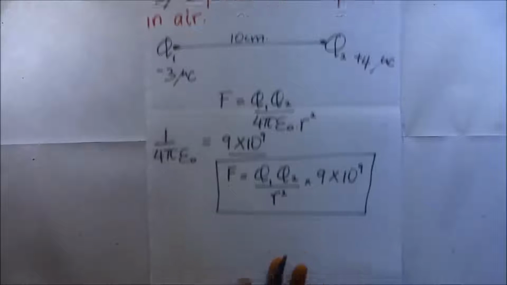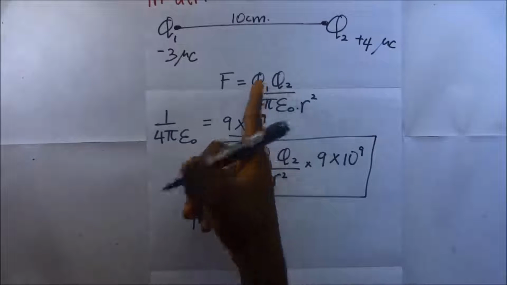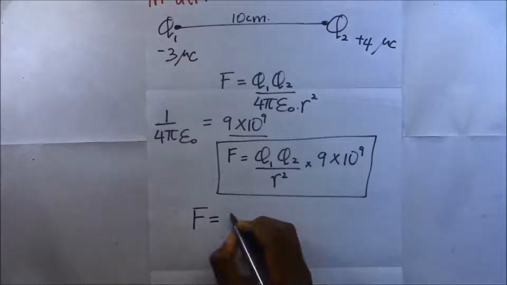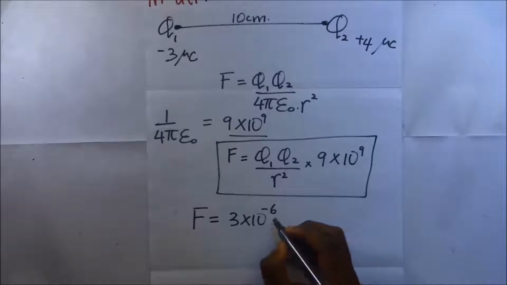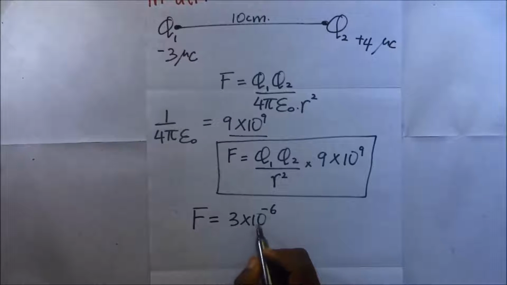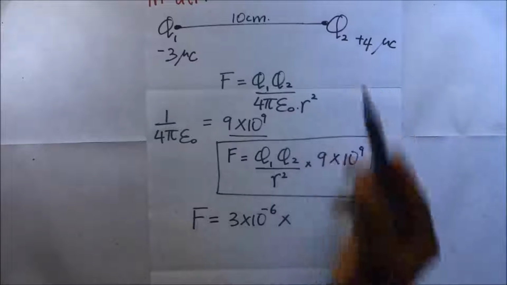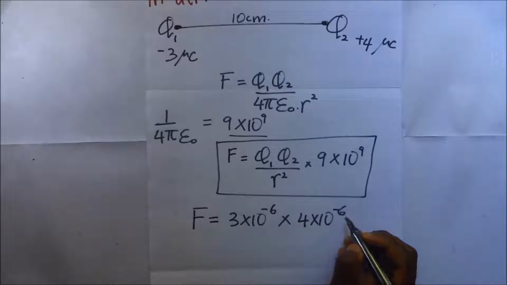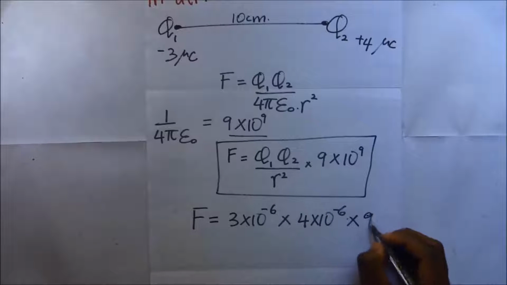So to go back, our force is going to be Q1, which will be 3 times 10 to the power negative 6. It's times 10 to the power negative 6 because it is microcoulombs. Multiply that by Q2, which is 4 times 10 to the power negative 6, and multiply that by 9 times 10 to the power 9.